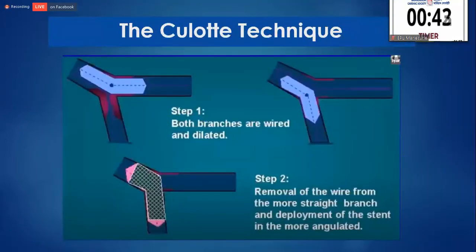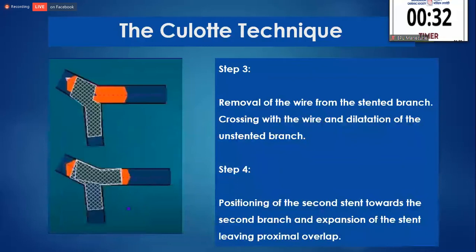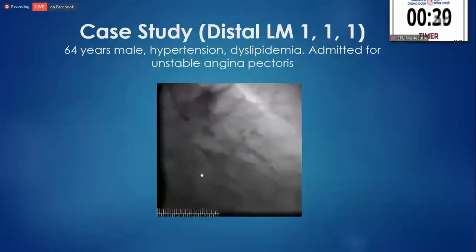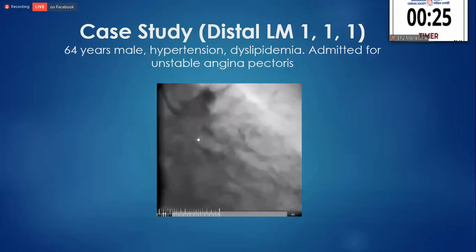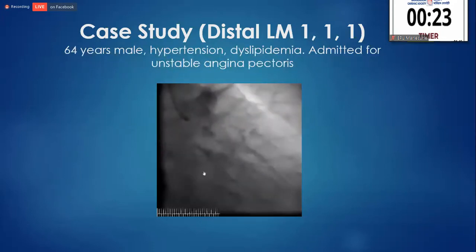The Culotte technique has the advantage that in case of provisional technique, it can be taken as a second option when the second stent is needed. Here the distal vessel and side branch should be of similar size.